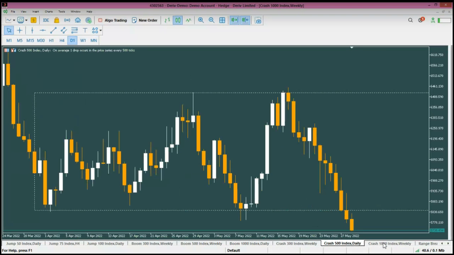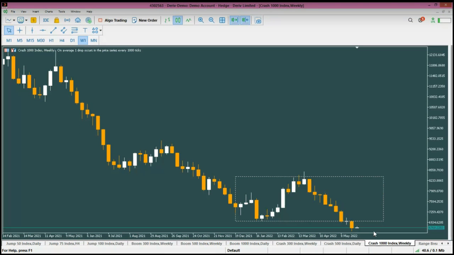So let us go to Crash 1000. This is Crash 1000. On Crash 1000, what is happening there? As you can see, this is my support, and it seems that support is broken by this weekly time frame candlestick.